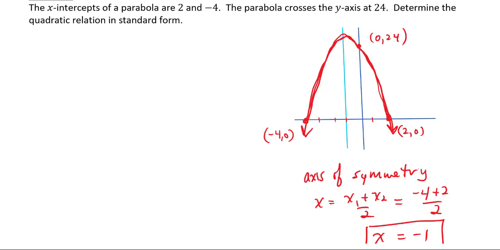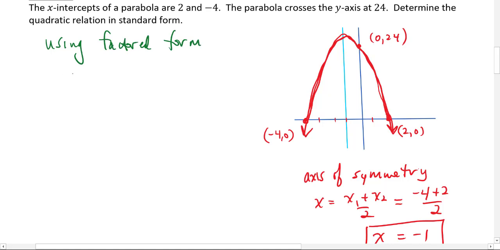We want the equation in standard form, but the only form we're able to find equations with is factored form. So we're going to start there. So using factored form, we get, remember factored form is y equals a, x minus x1, x minus x2.